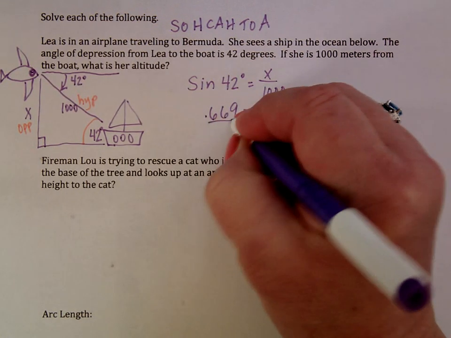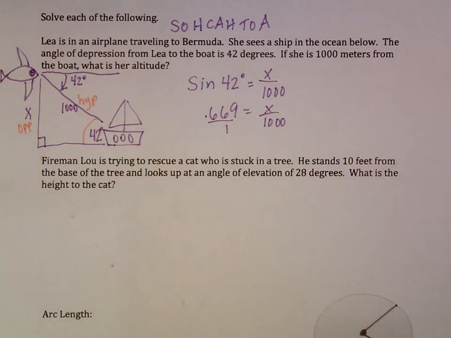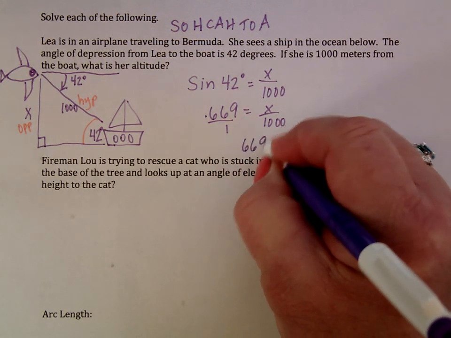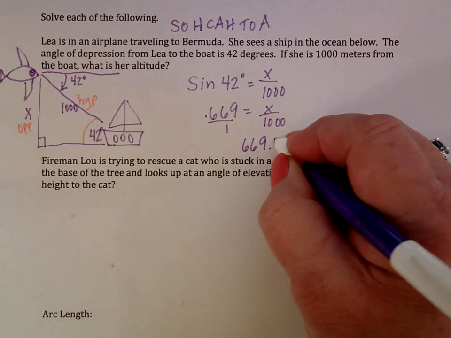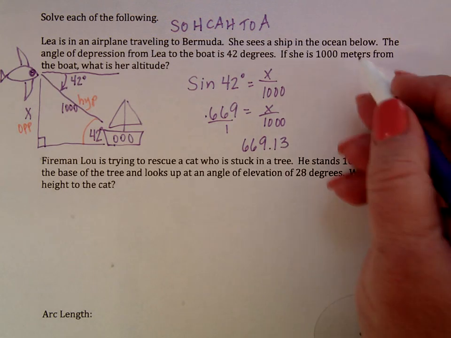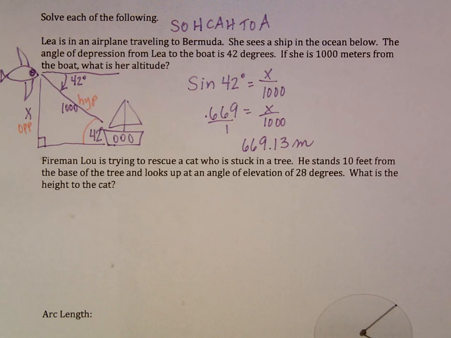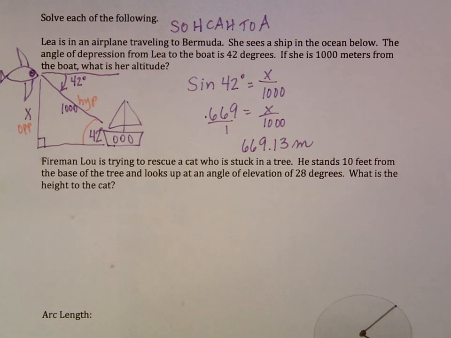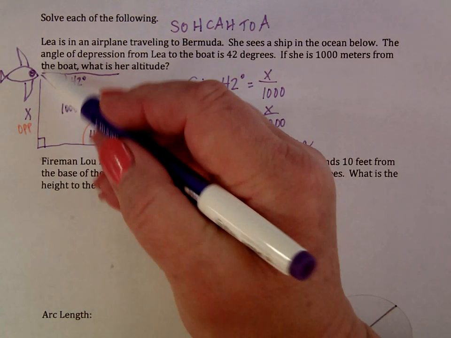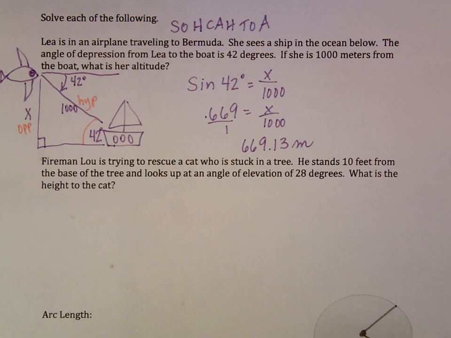Put that over 1, cross multiply, so that when I multiply that by 1,000, I end up with 669.13, and the units would be the same as what they were here, so it's meters. And that's what her altitude is going to be, how far up in the air she is in that airplane.